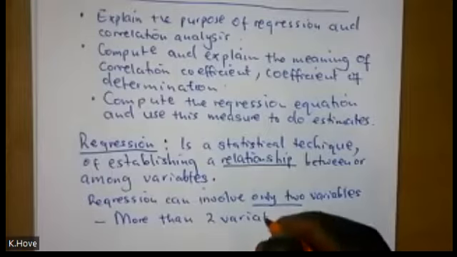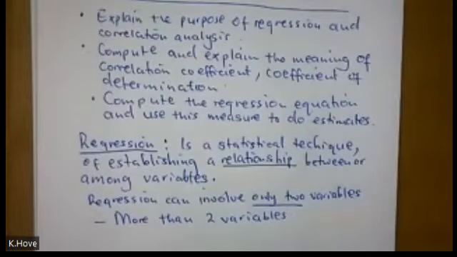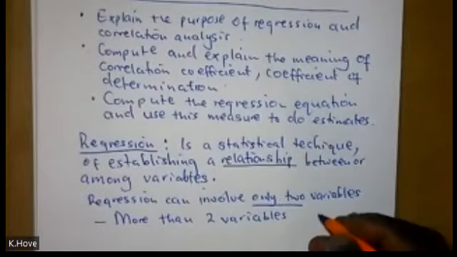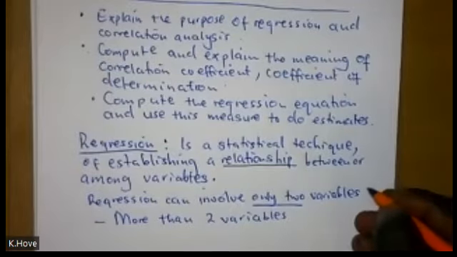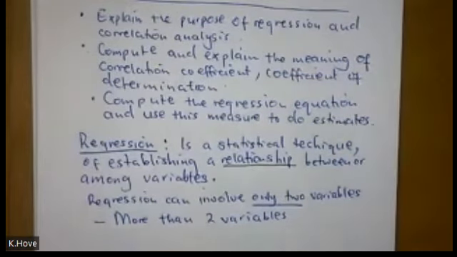I'm just trying to explain the words that I've used. If two, that's when we have only two variables, we are talking of between. When we have more than two, of course, we are talking of among.